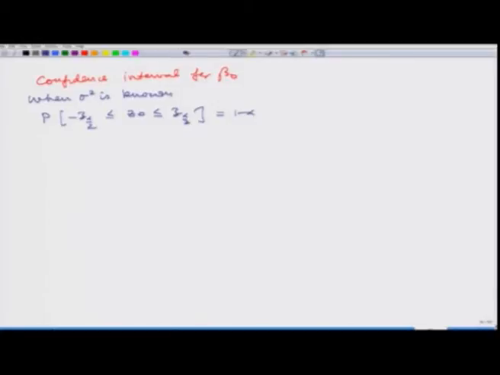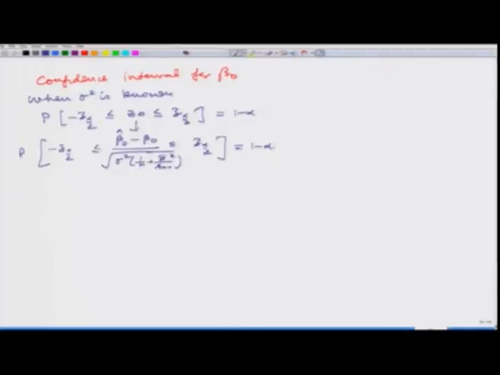Now, if you substitute Z0, which is beta hat naught minus beta 0 divided by the square root of sigma square times 1 over n plus x bar square over Sxx, this becomes minus Z alpha by 2 less than this less than Z alpha by 2, and the probability of such an event is equal to 1 minus alpha.